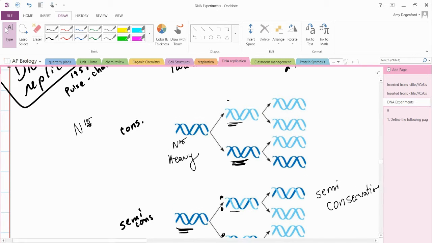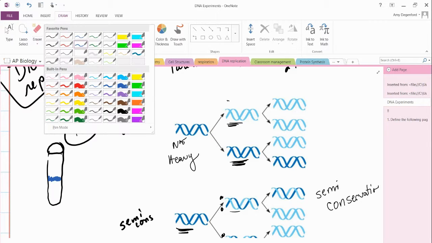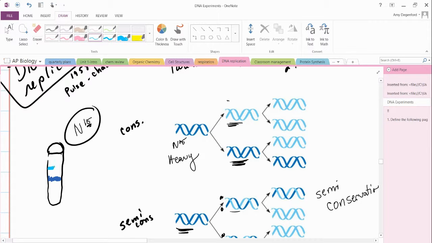So what they did is they grew bacteria using nitrogen-15. Because DNA has quite a lot of nitrogen in it, what you ended up getting were bacteria cells that were slightly heavier. Now, if you spin the bacteria in a centrifuge, in a test tube, because they're heavier, the bacteria will settle a little bit lower than if that bacteria were grown in normal nitrogen.